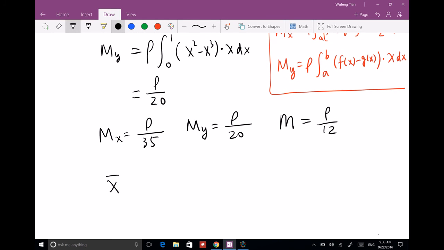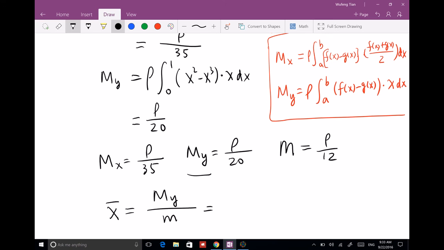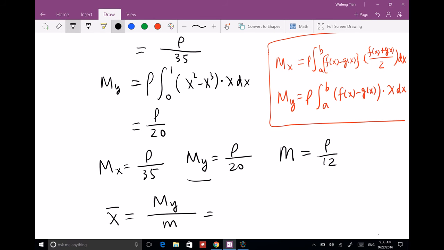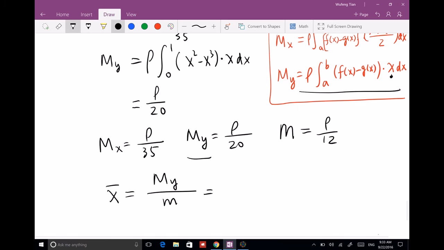Center of x equals the moment of y over the m, although it's just the name for that direction. With my, you are actually taking the distance of x. So it's rho over 20 divided by m, rho over 12. So the final answer is going to be 3 over 5.